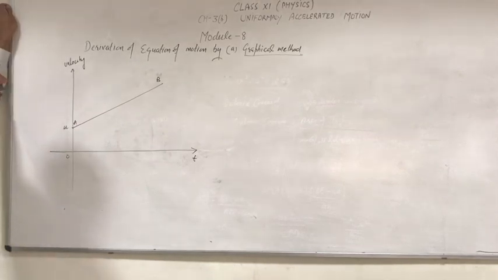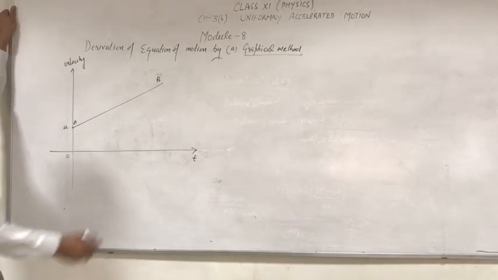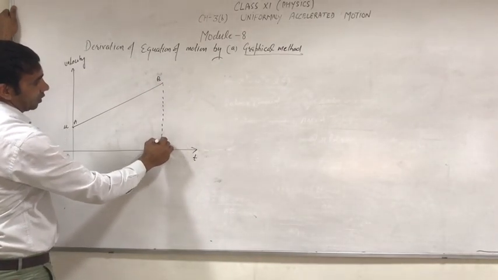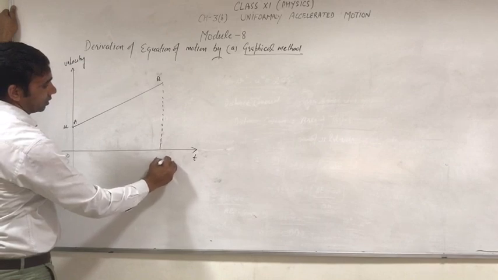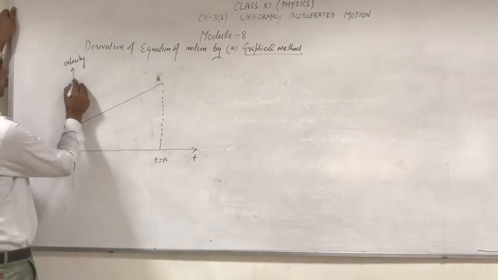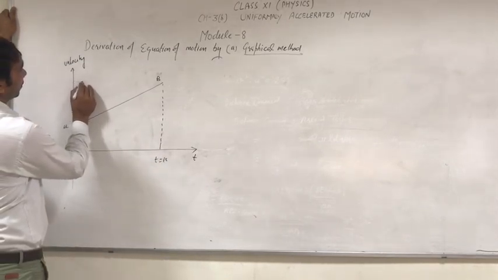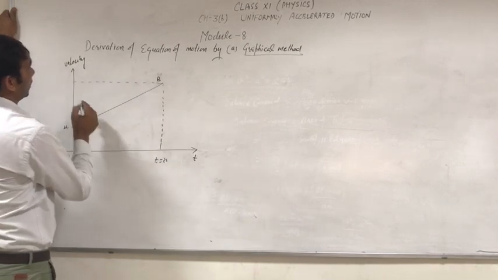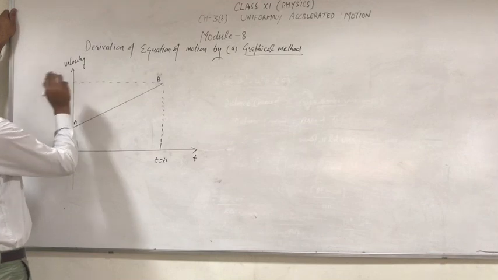After time t equals t seconds, the velocity of the object is v.